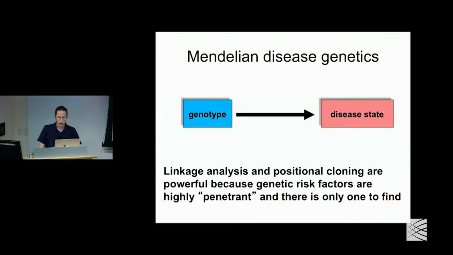And this strategy of tracking disease inheritance through larger and larger families and tracking down ultimately the specific responsible gene was effective because in many diseases there is a deterministic relationship between genotype and disease state. So you will get CF, and you will only get CF if you carry 2 mutations in the CFTR.